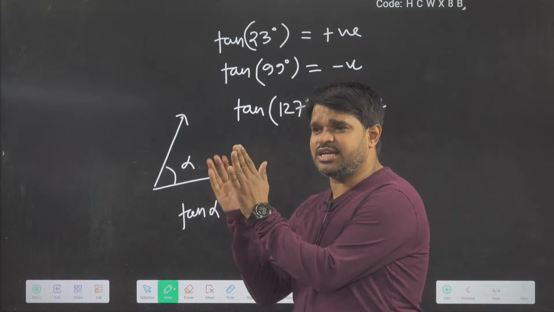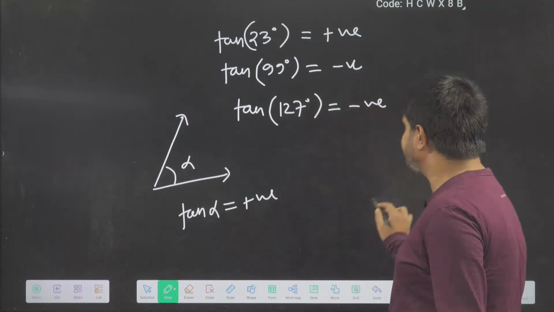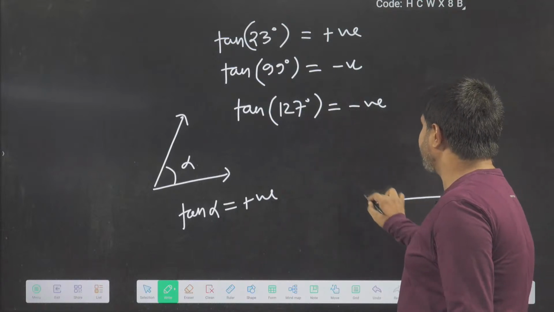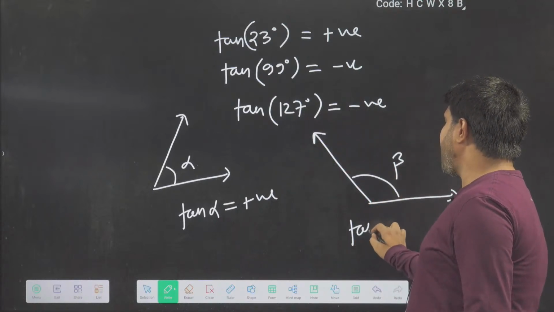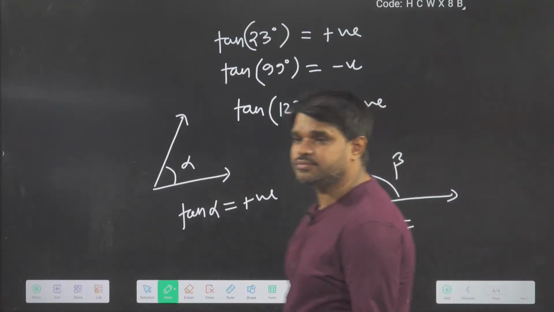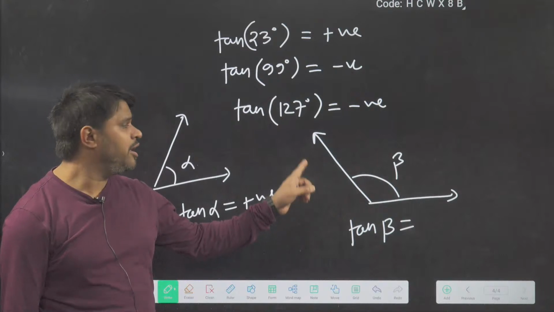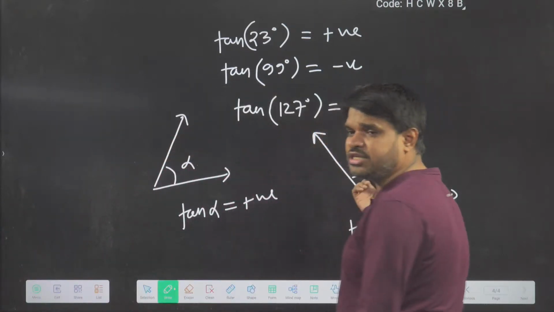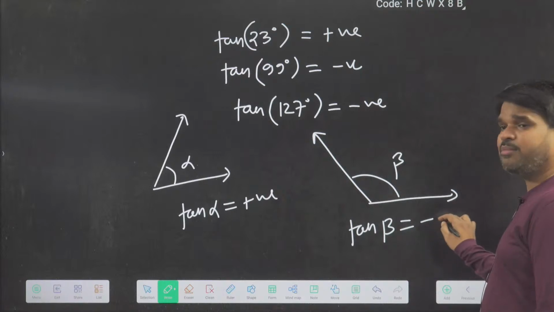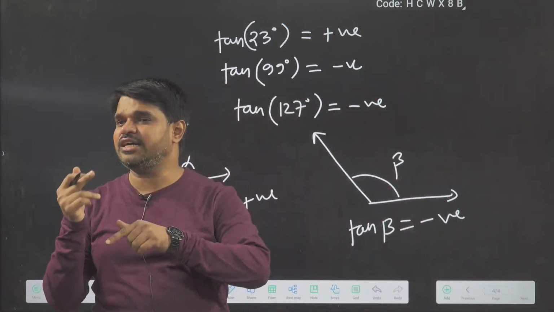It looks less than 90. So tan alpha is positive. Now beta. Tan beta, positive or negative? Negative. Beta looks definitely more than 90 degree, so this is obtuse. So tan beta is negative.